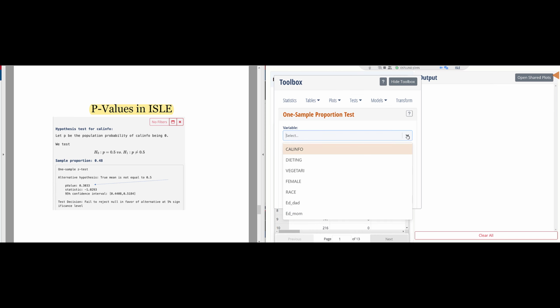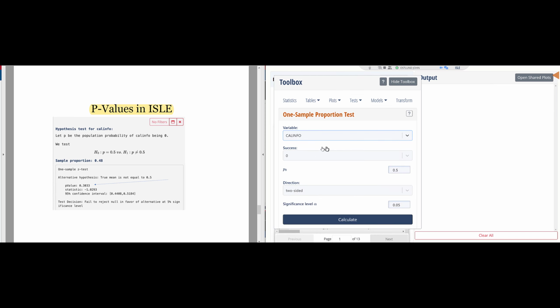So let me choose cal info as my variable. I can choose 1 to mean that they were given calorie information. Actually, I guess to be consistent with the example, I'll choose 0, which indicates that they were not.